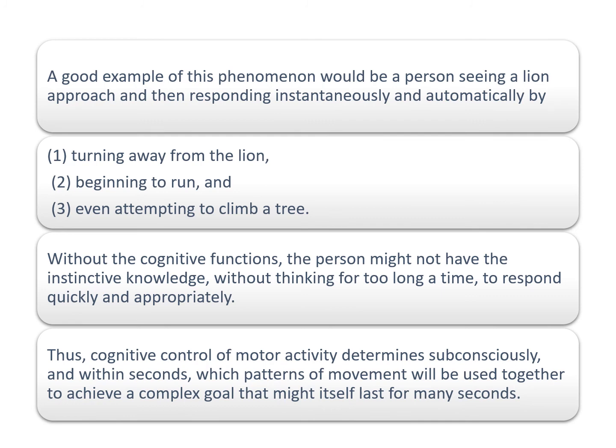Without the cognitive function, the person might not have the instinctive knowledge and might think for too long a time to respond quickly and appropriately. So the cognitive control of motor activity determines subconsciously, and within a second, which patterns of movement will be used together to achieve a complex goal that might itself last for many seconds.